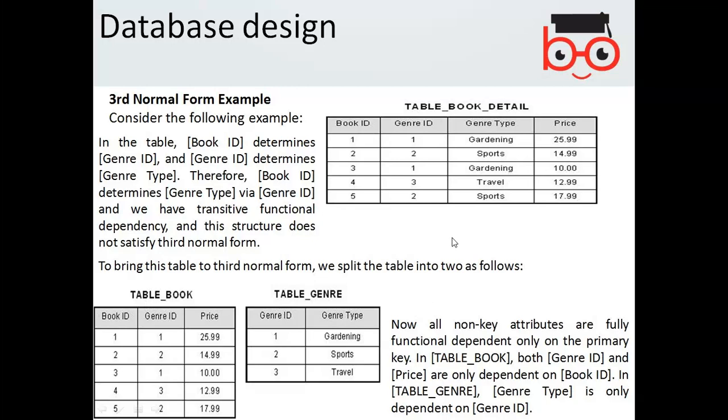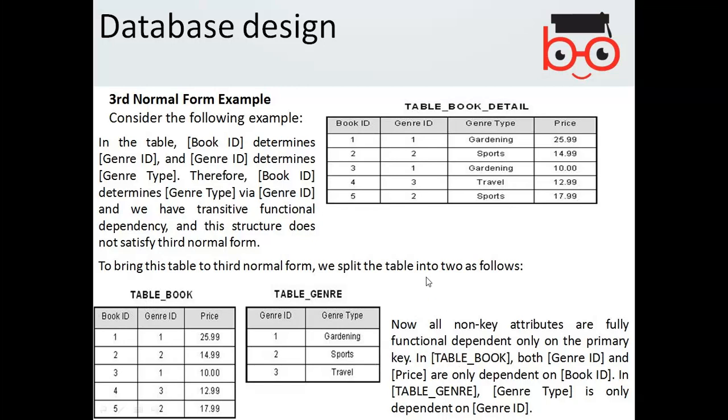So instead of repeating this, you split into tables where the price is not depending on the genre type, and you create the genre ID separately, and the genre type is only dependent on the genre ID.